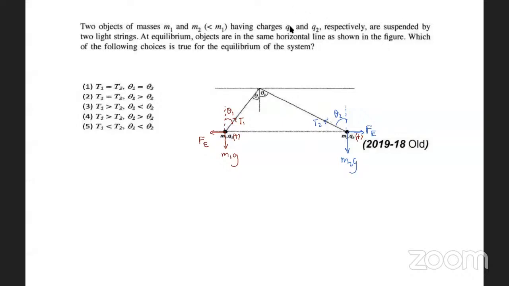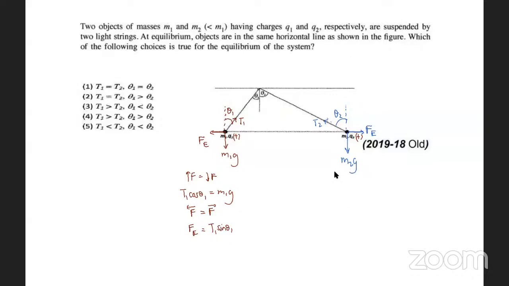First of all, let's consider the equilibrium here. Upward force should be equal to downward force. So T1 cos theta 1 should be equal to M1g. And if you take the horizontal force, Fe is equal to T1 sin theta 1.